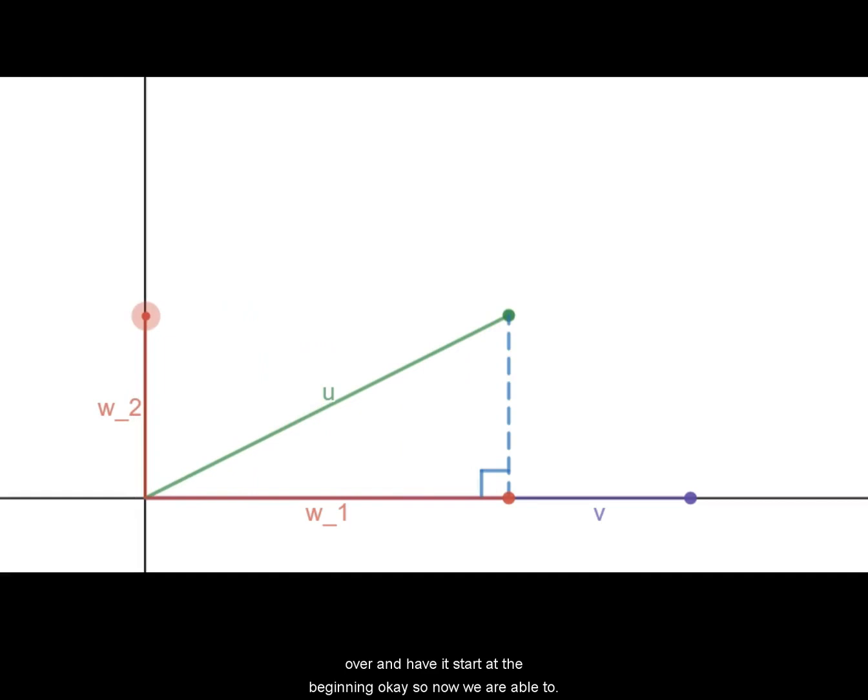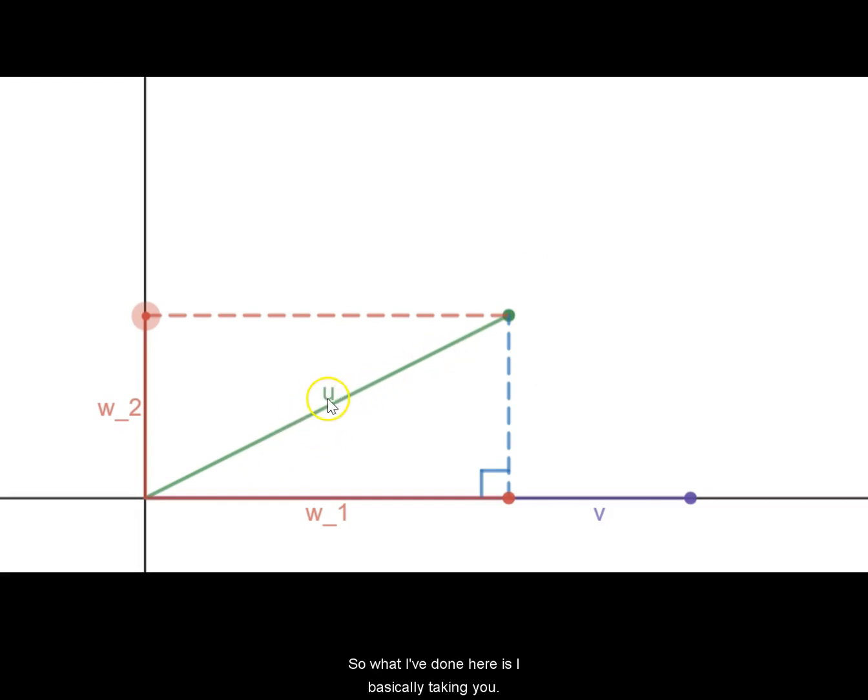Now we are able to decompose u as a sum of two vectors. I can say that u is the same as w1 plus w2 because of the parallelogram rule for adding vectors. If I take w1 and w2 and draw the parallelogram they form, the diagonal of that parallelogram is u.